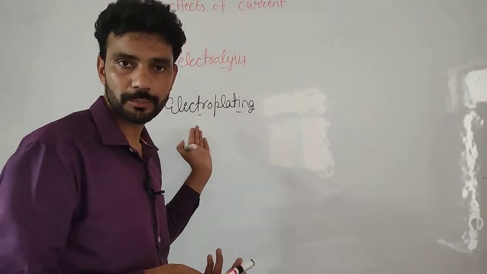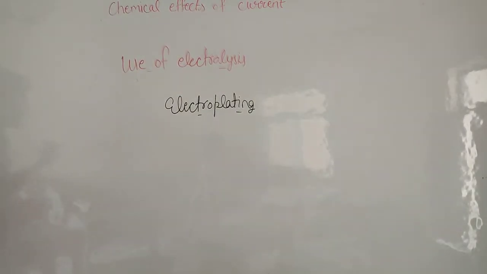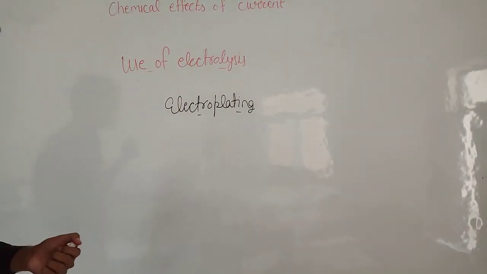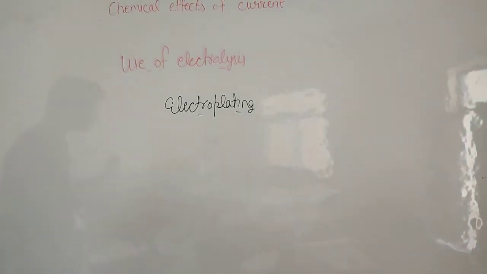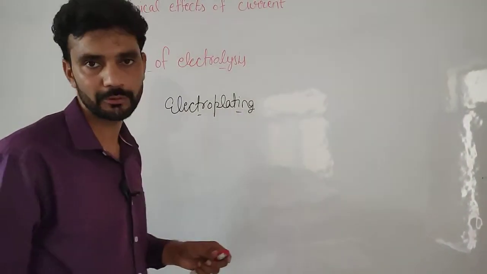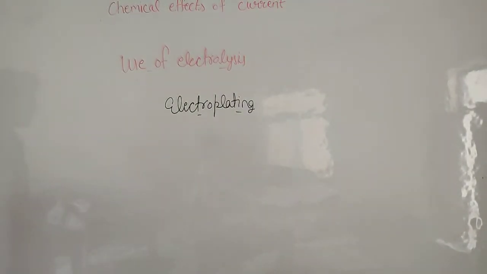Where do we use electroplating? If you see the handles of bicycles and bikes, they have a shiny surface, that is chromium. They have a thin layer of chromium on iron. Why do they deposit that thin layer of chromium on iron?